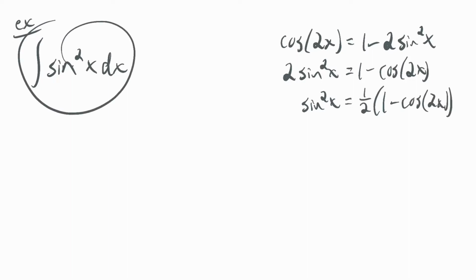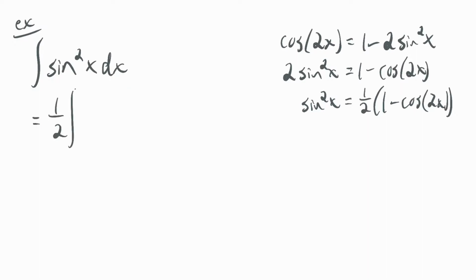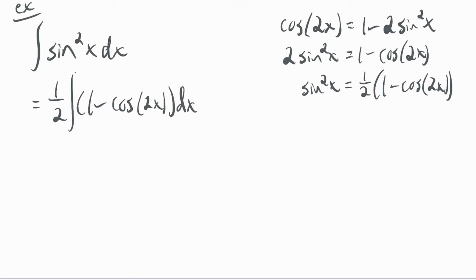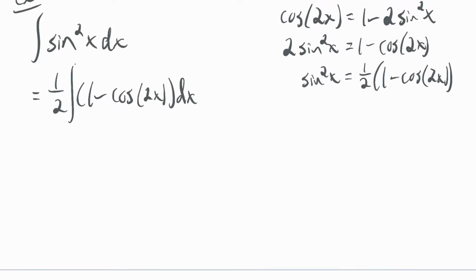And that's how I'm going to find this integral. So this equals, and I'll go ahead and put the 1/2 out front, the integral of 1 minus cosine of 2x dx.